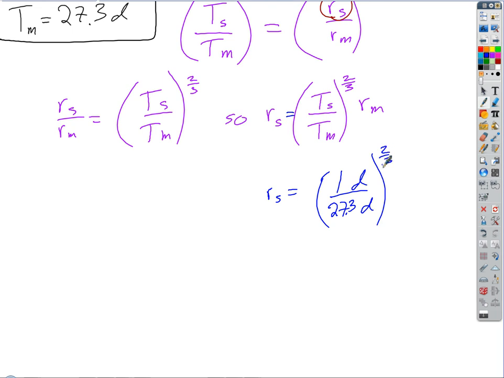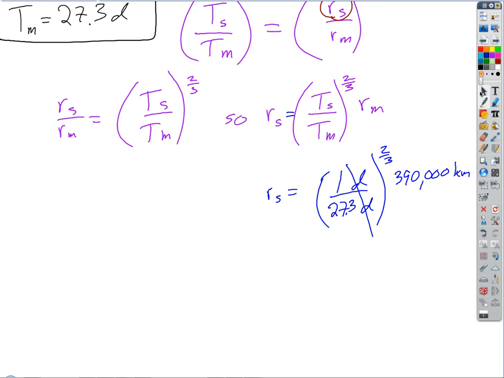No, the units cancel anyway, so use convenient units, days. Times the radius of the moon, which is 390,000 kilometers. Do I need to convert that? No, because I'm just going to get my answer in kilometers, which is fine for this problem.